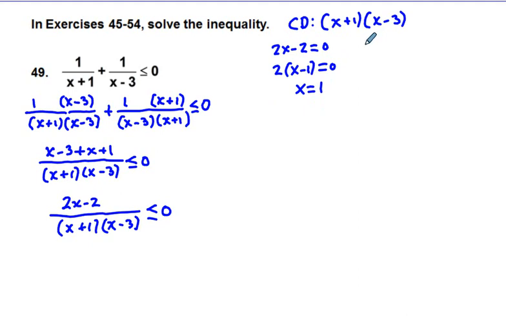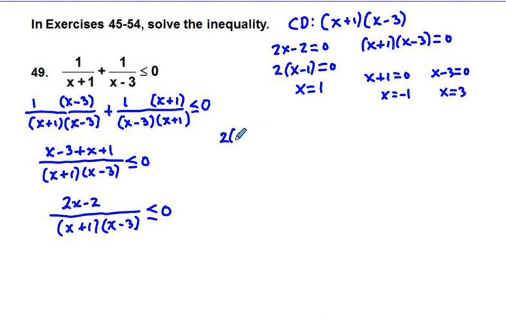And then we set our denominator, x plus 1 times quantity x minus 3 equals 0, and for this we have x plus 1 equals 0, and we have x minus 3 equals 0, so we have x equals negative 1 and x equals 3. So these are our three critical numbers.